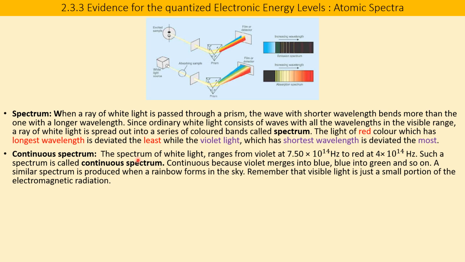Continuous because the violet merges into blue, blue into green, and so on. A similar spectrum is produced when a rainbow forms in the sky. Let us recall that visible light is just a very small portion of the electromagnetic radiation or electromagnetic spectrum.